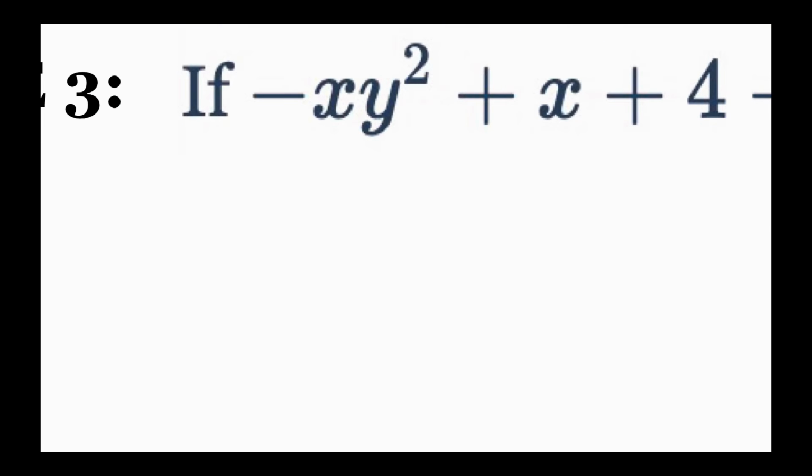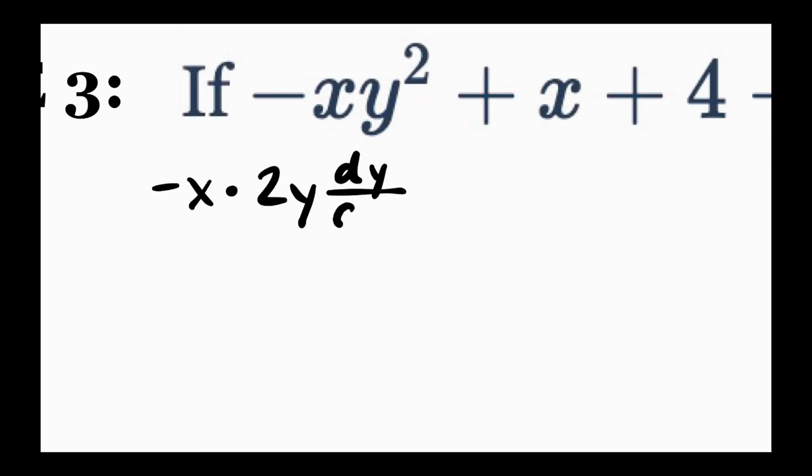Okay. So product rule says the first term times itself, first term by itself. So negative x times the derivative of the next one, the derivative of y squared. So the derivative of y squared is 2y.